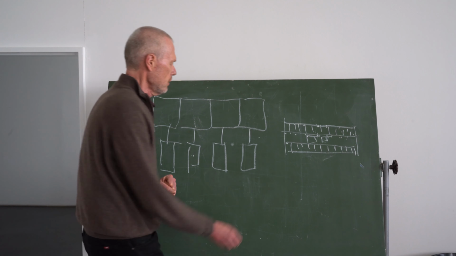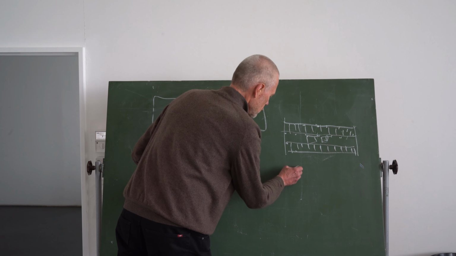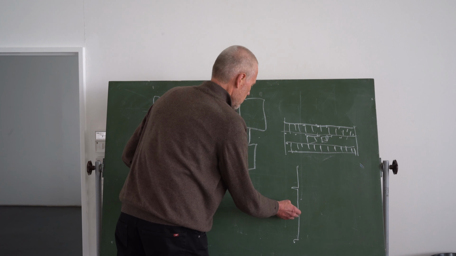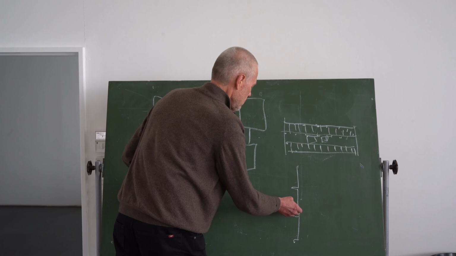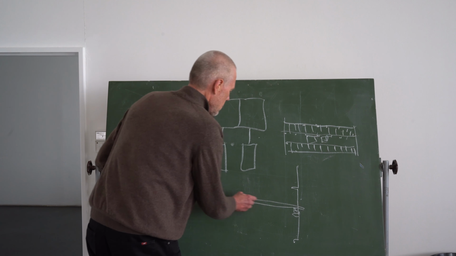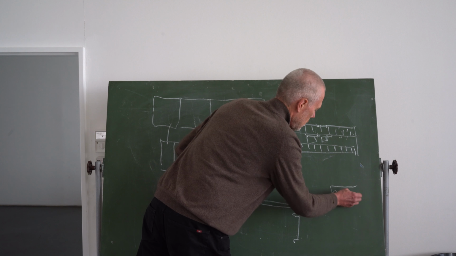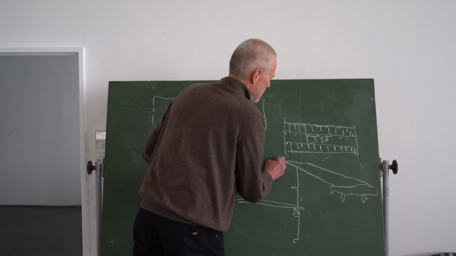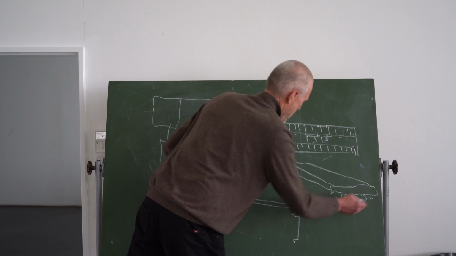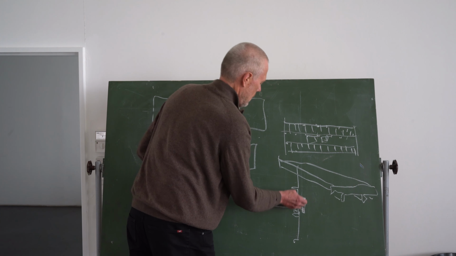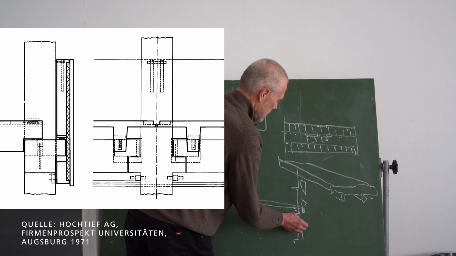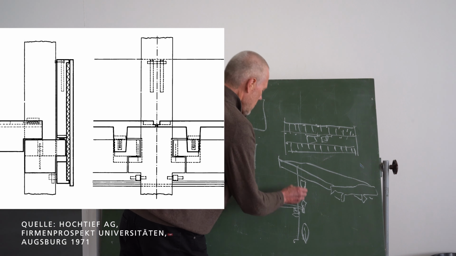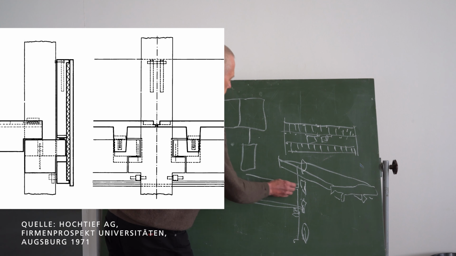Basic structure, and then these columns here had consoles on either side. And on the consoles you had primary beams, and on the primary beams prefabricated concrete elements of this shape, and then parapets made out of insulated concrete.